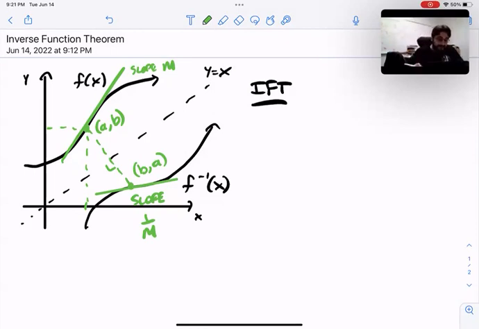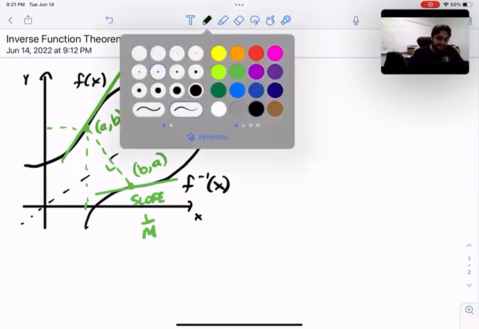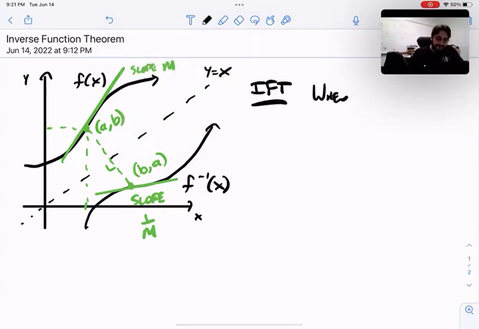So that's the wordy sort of version of the inverse function theorem, right? You could say when you invert a function, the slope gets reciprocated, right?